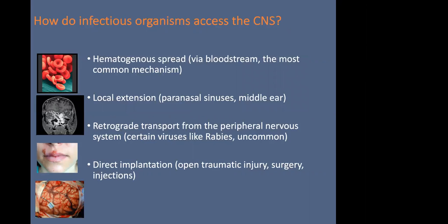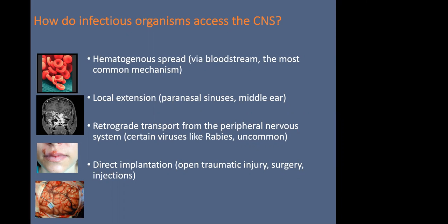Let's start with all the infecting organisms we consider. There are multiple channels through which they reach the brain and spinal cord, and there are four or five different ways they can reach the brain. Most common of them, as we all know, is through the blood, the hematogenous spread.